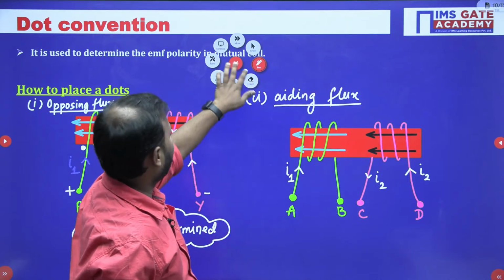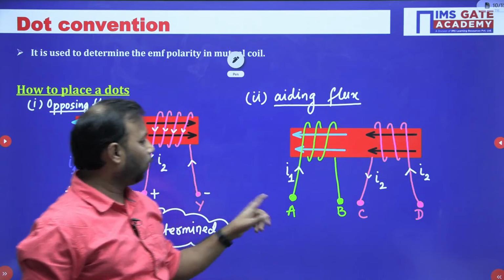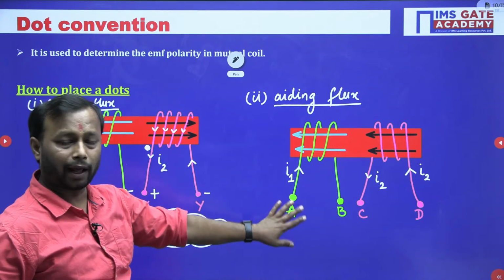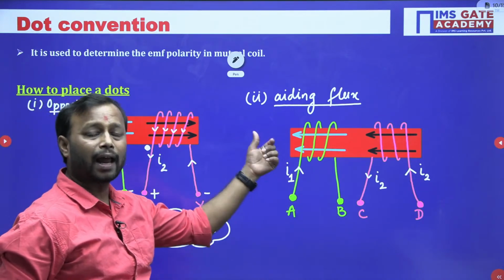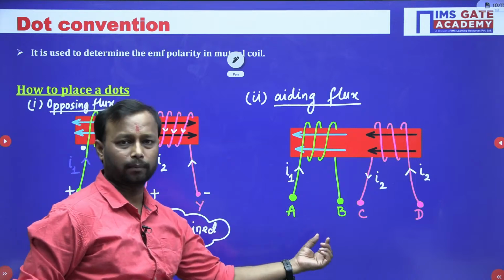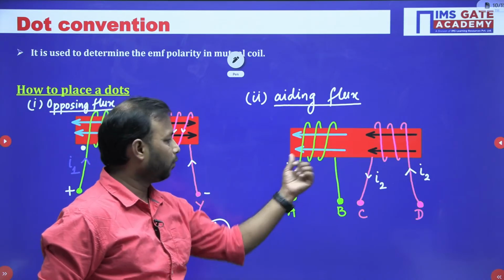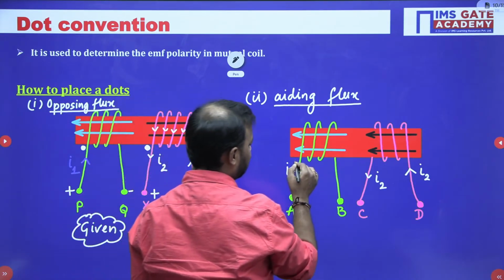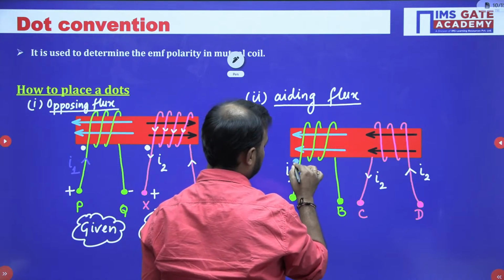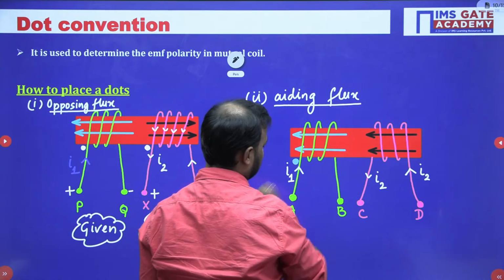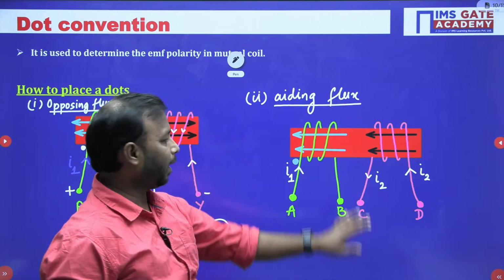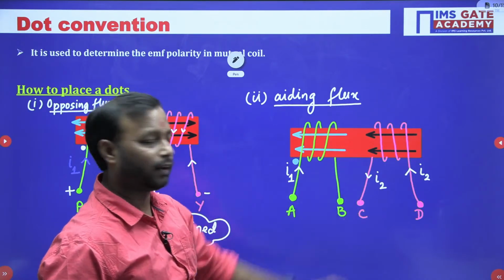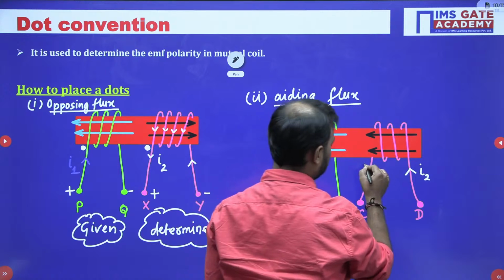Okay. Now, as I told you, in one of the terminals, basically in the first coil, where the current is entering, we are going to place a dot. And in the second coil where the current is leaving, we need to place a dot.